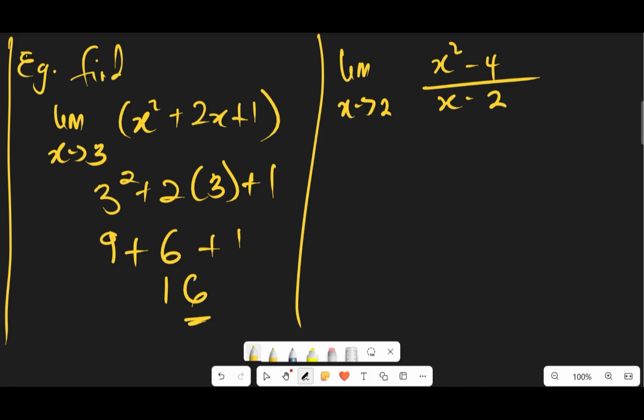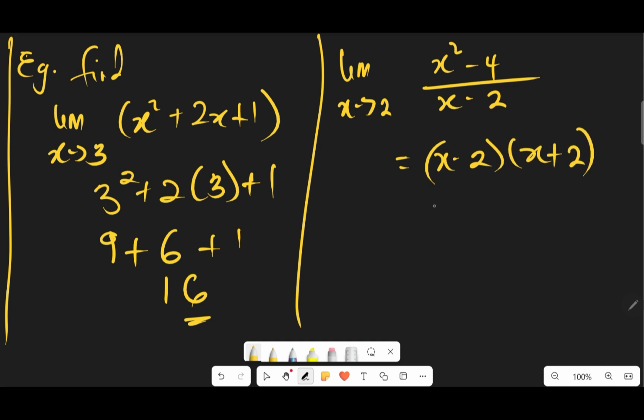But if we look at this question, we can see that the numerator can be broken down because we can change the numerator to a difference of 2 squares. Okay, then we will break it down, then we'll work with it. So this is what I mean. We are going to get x minus 2 and x plus 2.